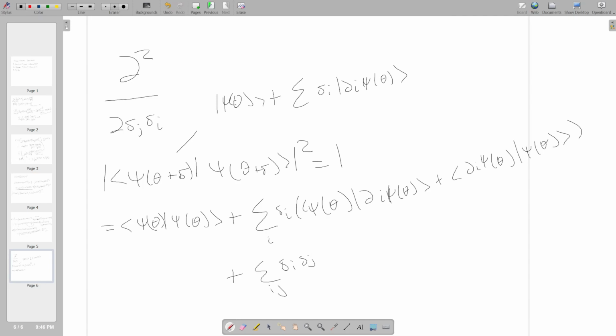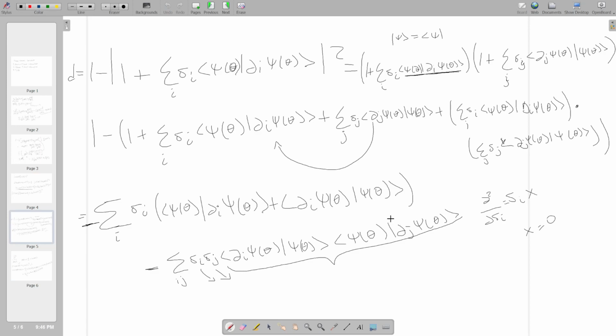And so this is, if we're writing this out, slightly different here, because if we look at the expansion previously, you notice this term is different from this term.